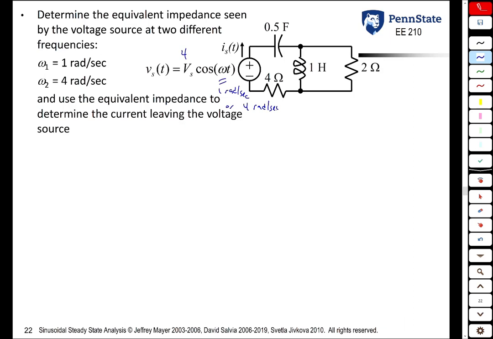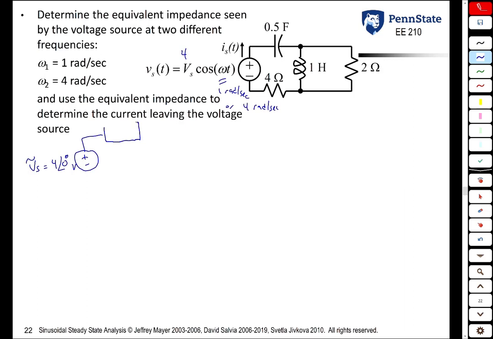So the first thing we want to do probably is draw the phasor equivalent of the circuit. So Vs phasor is going to be 4 at an angle of 0 degrees volts.